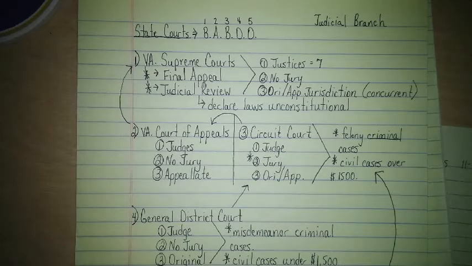Y'all with me? So to break all that down to make it simple, it gave us judicial review, which is the ability to declare laws unconstitutional. You will need to know what judicial review means. Okay? And it is the ability to declare laws unconstitutional. The only court that is allowed to exercise judicial review is the Virginia and the United States Supreme Court. Everybody got me there?